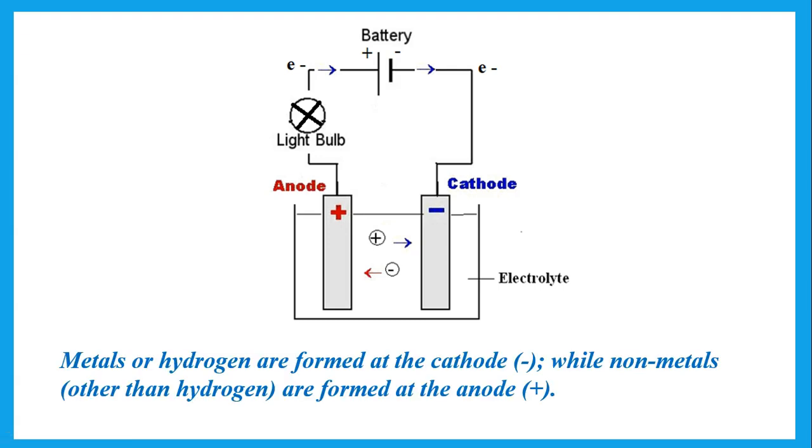What happens is, metals or hydrogen are formed at the negative electrode, because these were the positive ions, while non-metals other than hydrogen will form at the anode, because these were the negative ions.